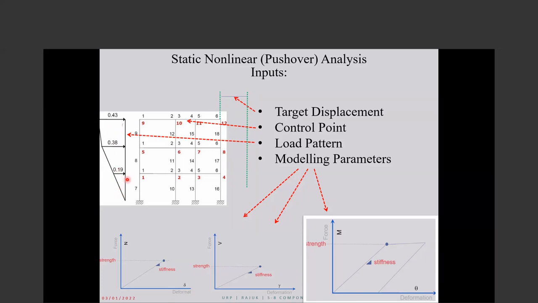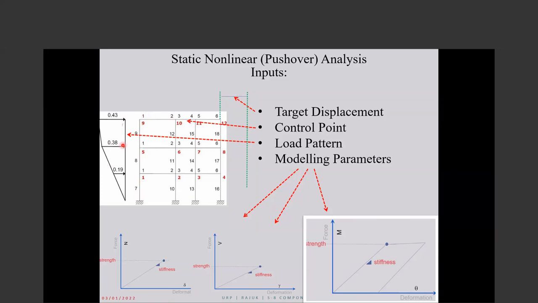And naturally, if you push a building to the same target displacement but with different load distributions, you get different results. With one load distribution, you get damages here. With another load distribution, you get damages there.